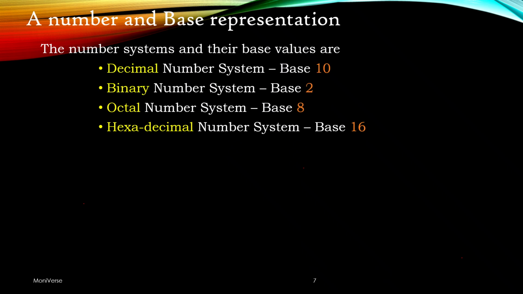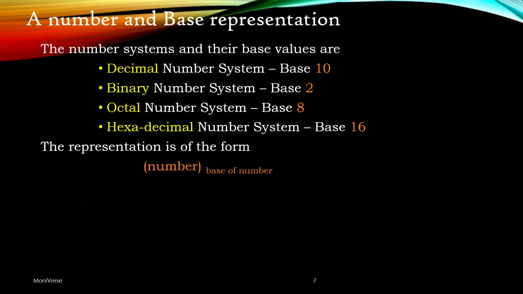So now we can see the base representation of different number systems. For the decimal number system, deci means 10, so the base is 10. For binary, bi is 2, and octal is 8, and hexadecimal, hex stands for 6 and deci stands for 10, so 10 plus 6, the base is 16.